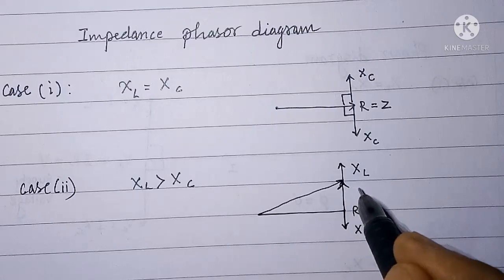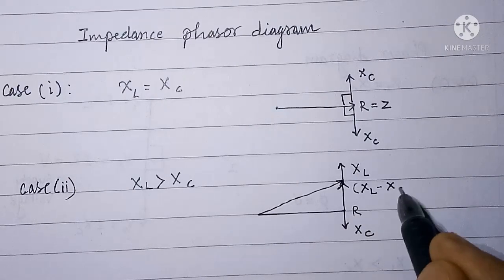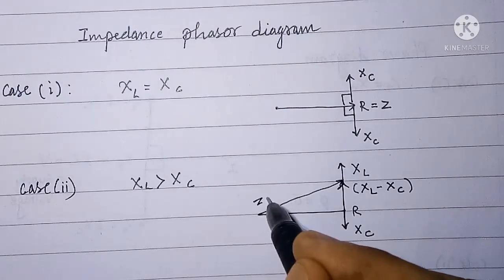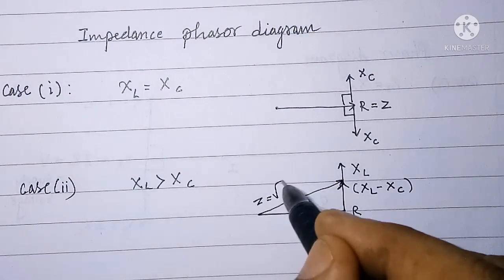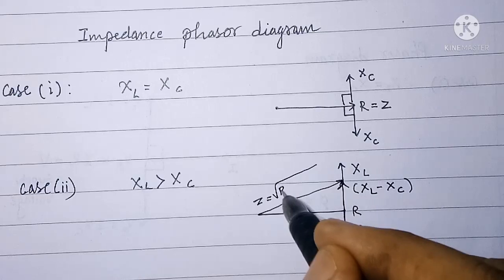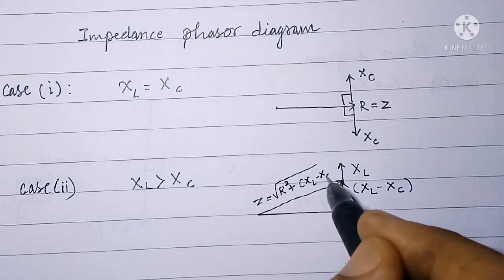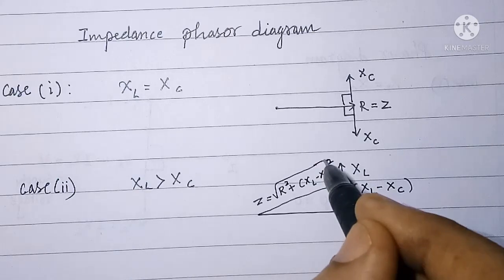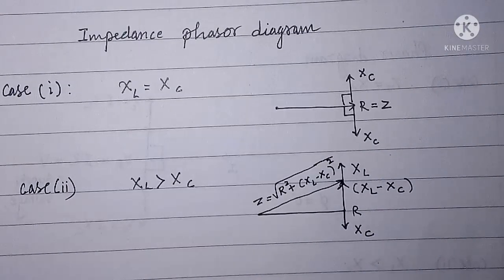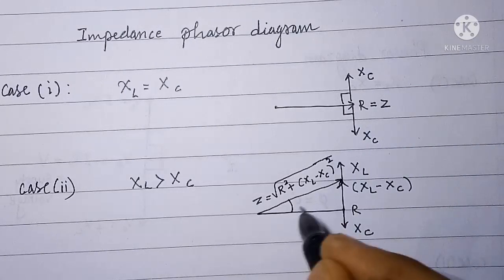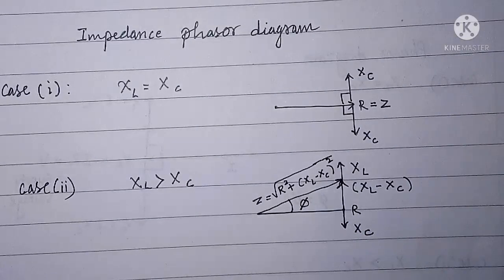So this is the phasor representing XL minus XC. And Z is under root R square plus XL minus XC whole square. Phase angle of impedance is phi.